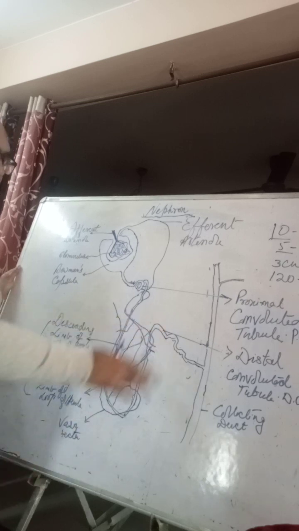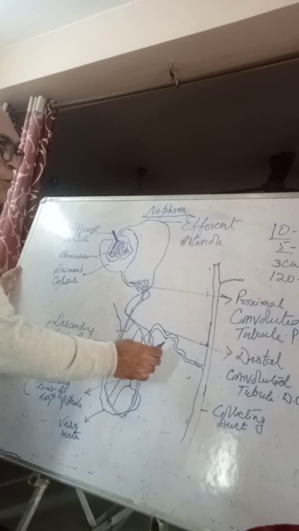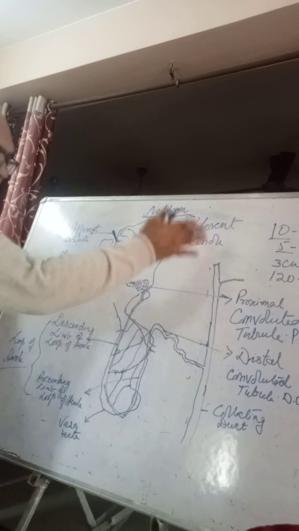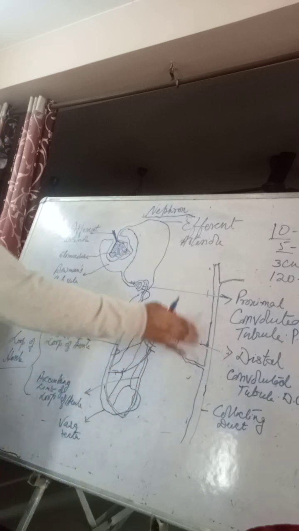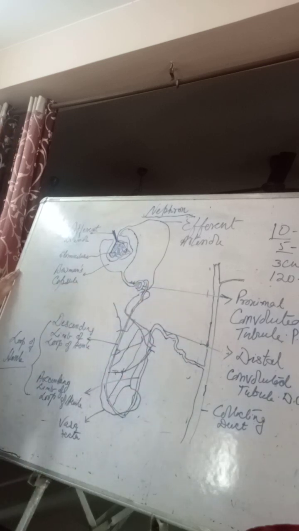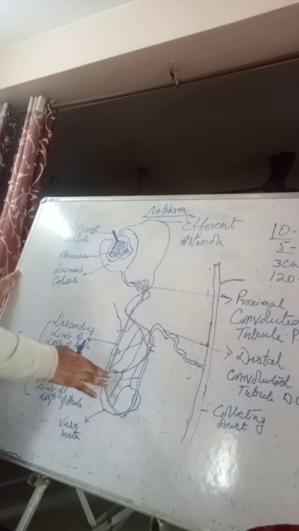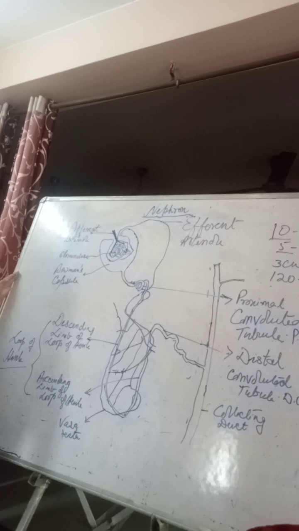This is the urine, which is collected into the collecting tubule, taken to the pelvis of the kidney, and through the ureters comes down to the urinary bladder. When the bladder is full, the sensation of micturition arises, and the bladder is emptied.